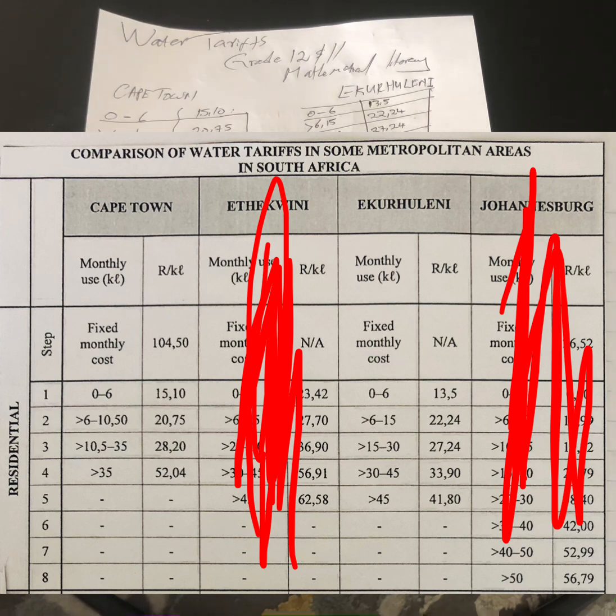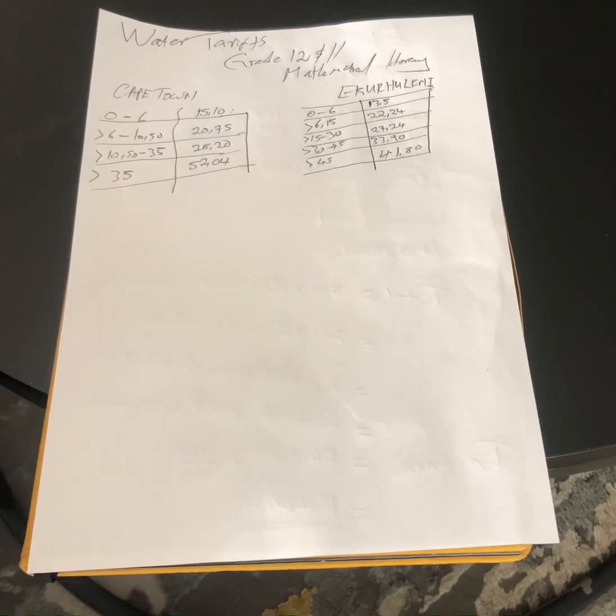Then from there, we are going to find the difference between those yearly charges to check if his claim is correct or not correct. So like I said before, we are only going to concentrate on these two areas, which is Cape Town and Ekurhuleni.